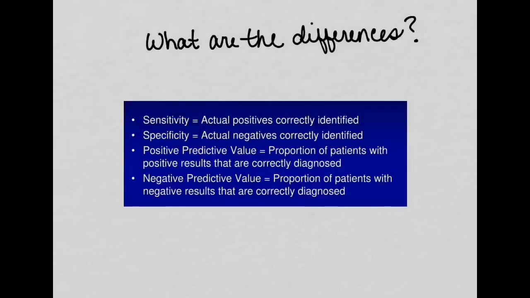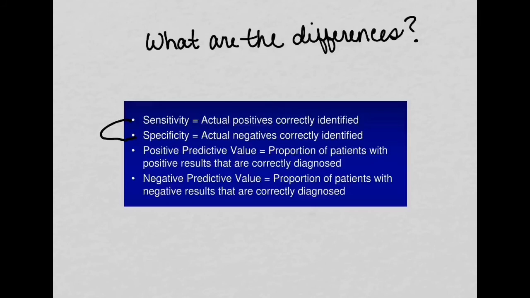So here's where it can get confusing. What are the differences between sensitivity, specificity, and the predictive values? Sensitivity and specificity are actually talking about the positives that were correctly identified, so we're really just talking about the test being positive. Remember, go back to the table and you're going to be calculating vertically instead of horizontally.